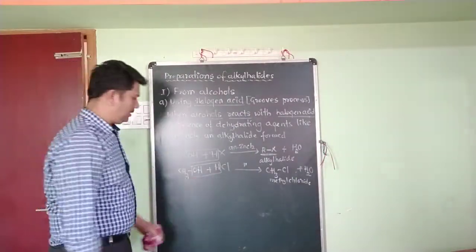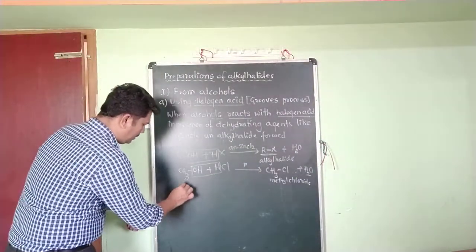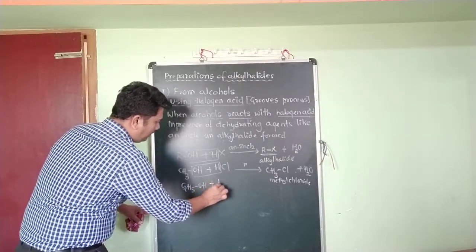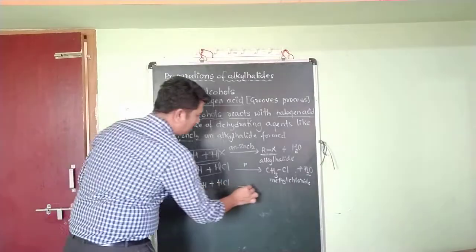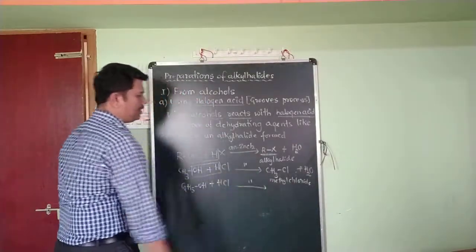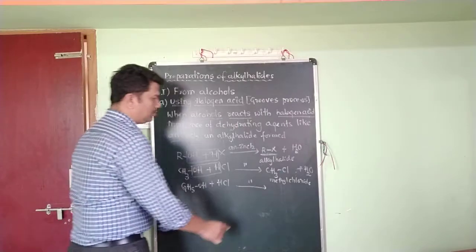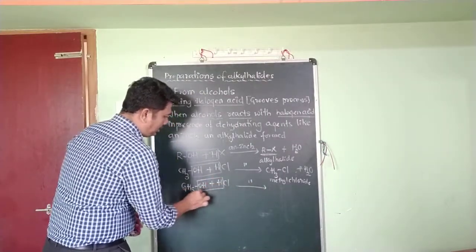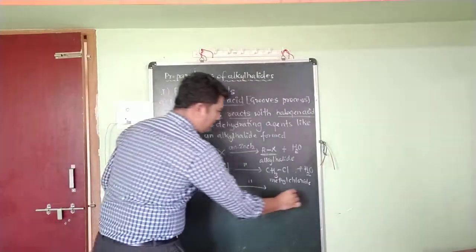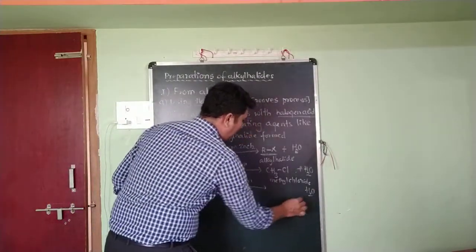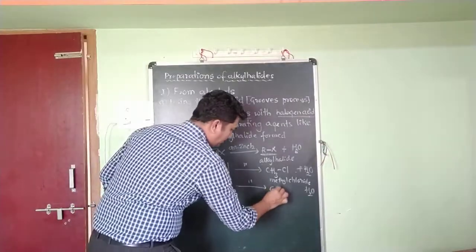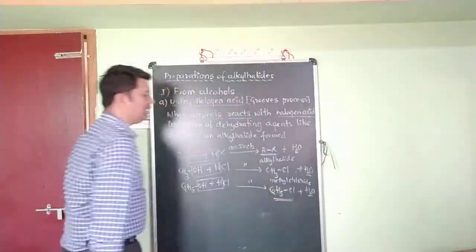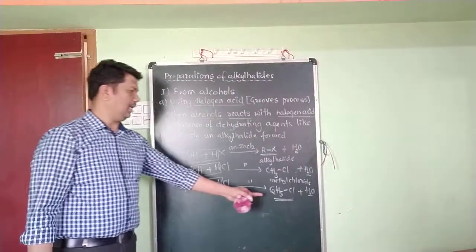We'll take one more example. I'll change the alcohol here. C2H5OH plus HCl in presence of anhydrous zinc chloride. OH from alcohol and H from halogen acid combine to form water, and the remaining is C2H5Cl, which is called ethyl chloride, the alkyl halide.